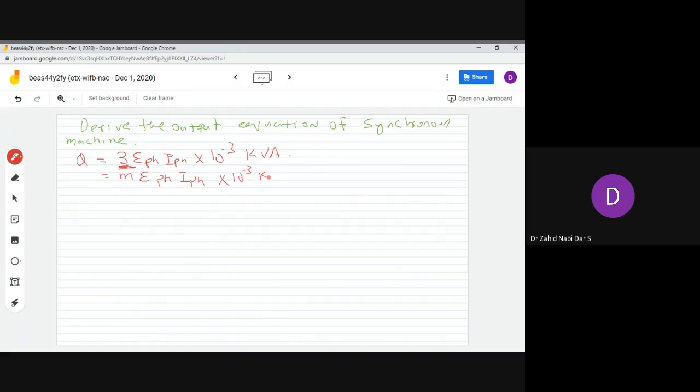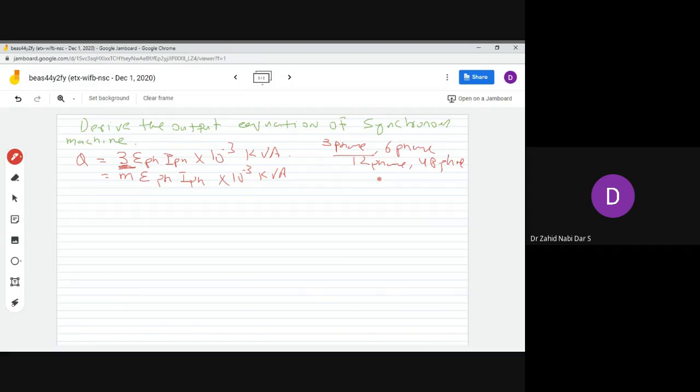One more question: why are we only considering 3 phase? Why can we not go for a 6 phase, 12 phase, or 48 phase machine? Can anybody answer?